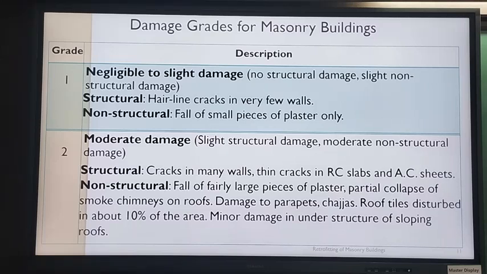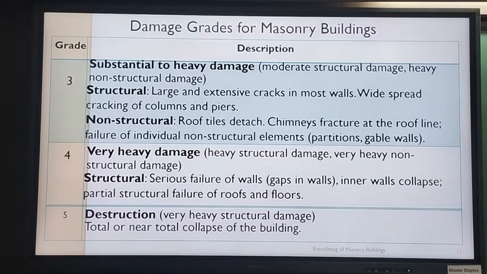Grade 1 is negligible to slight damage. No structural damage, basically non-structural damage, and very little of it. Grade 2 is moderate damage, with structural cracks in many walls. Based on your observation, you will decide what grade the damage is for that particular house.